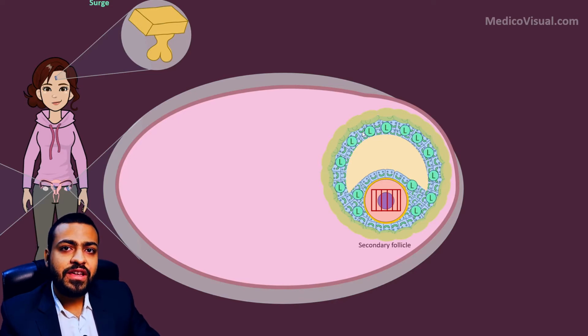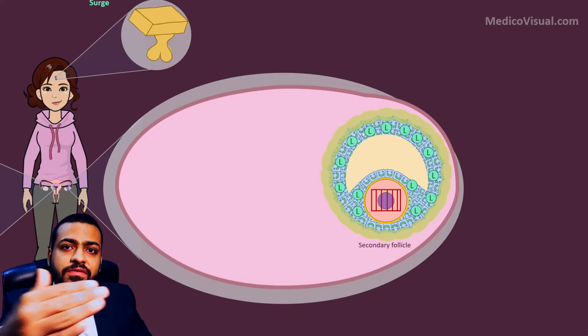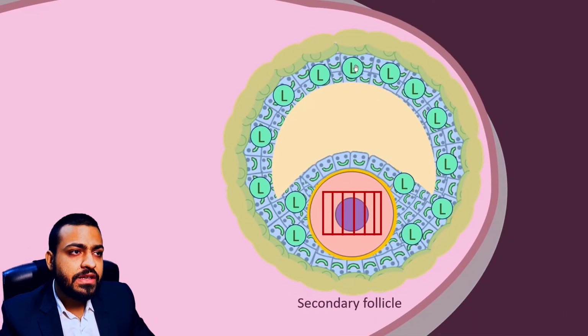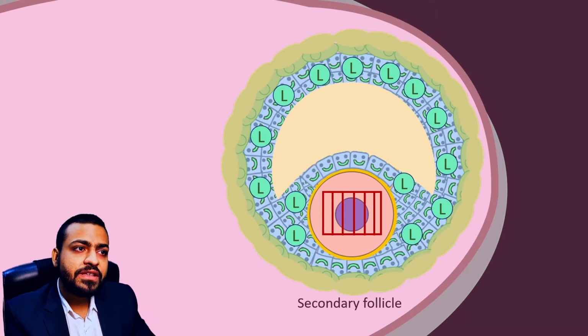As I have told you, there is an LH surge, so lots of LH will be released, and this LH will bind to the granulosa cells on their LH receptors. Remember, in the previous lecture I described how LH receptors are primed on these granulosa cells by the effect of estrogen.